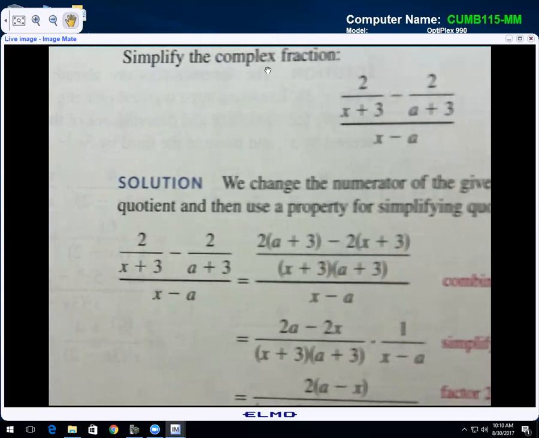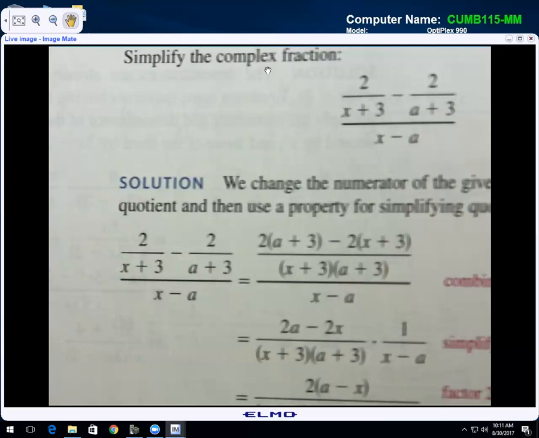What I prefer is to multiply every term by the LCD. The LCD here would be x plus 3 times a plus 3. I multiply all 1, 2, and the denominator by the LCD to cancel out the baby fractions, and I end up with the same thing.